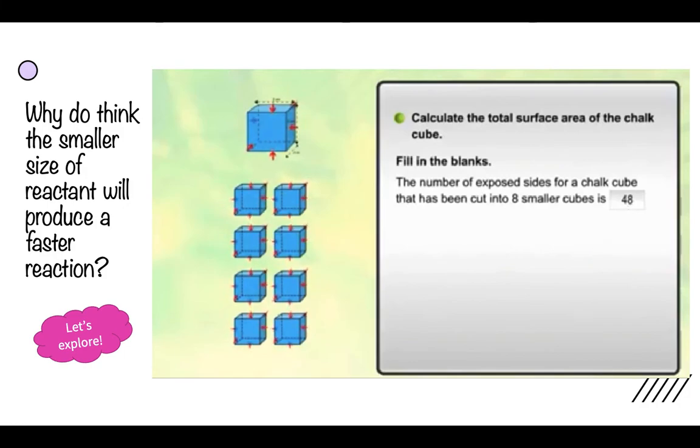The number of exposed sides for a chalk cube that has been cut into 8 smaller cubes is 48. The number of exposed sides for each type of chalk shows the amount of space available for collisions with molecules.